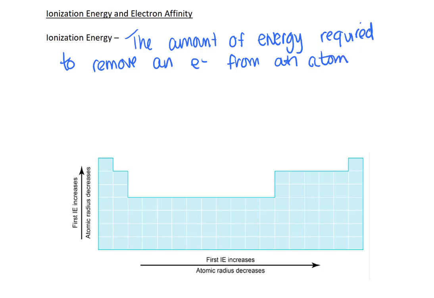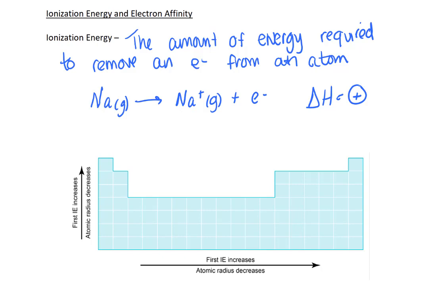Now, technically, when we talk about this, if we do something like sodium, it needs to be sodium as a gas, turning into sodium ion as a gas and an electron being lost. Now, this process is going to take energy, which means the delta H for ionization energy is always going to be a positive value.